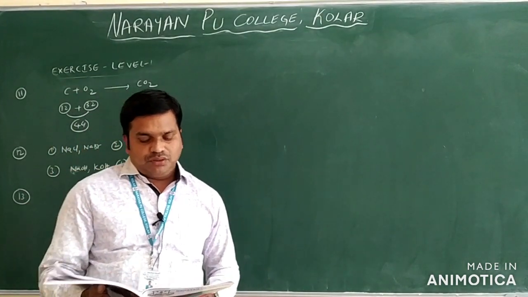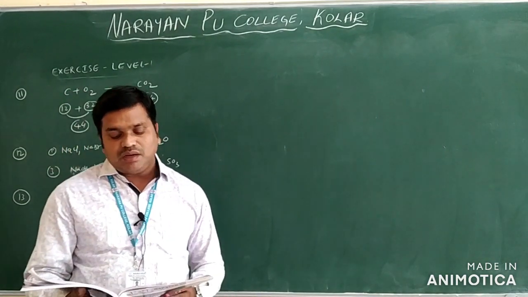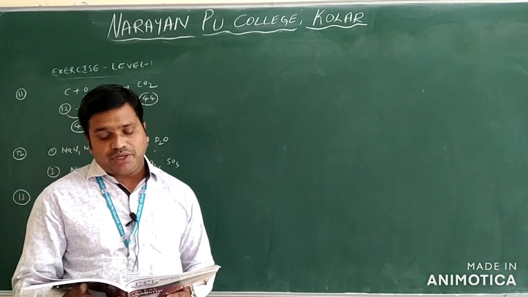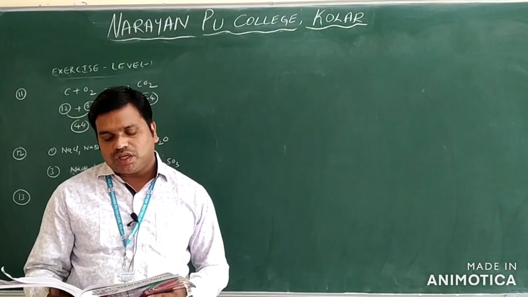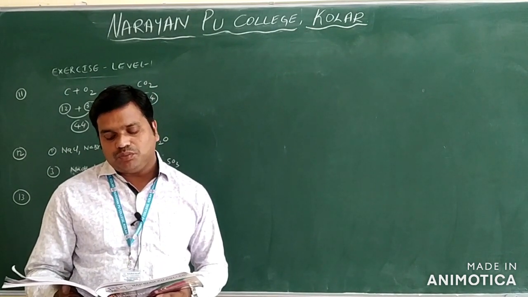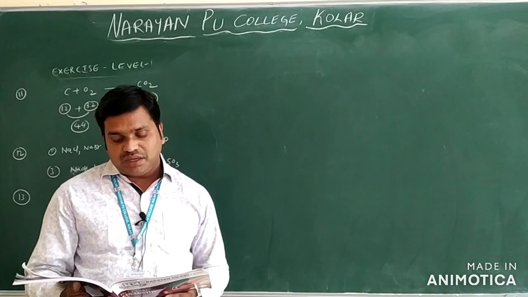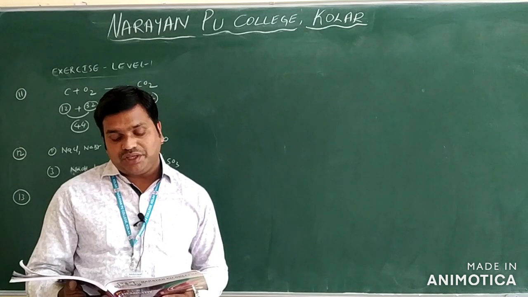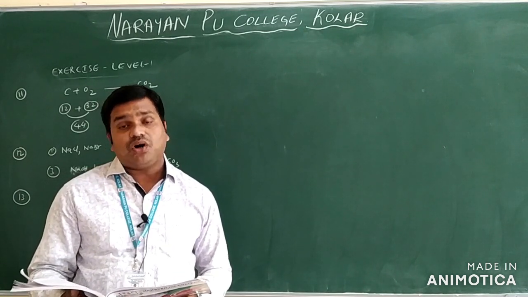See the next question. Question number 13 we have. In a compound A, 1 gram of nitrogen unites with 0.57 grams of oxygen. In compound B, 2 grams of nitrogen combine with 2.24 grams of oxygen. In compound C, 3 grams of nitrogen combine with 5.11 grams of oxygen. These results obey the following law.